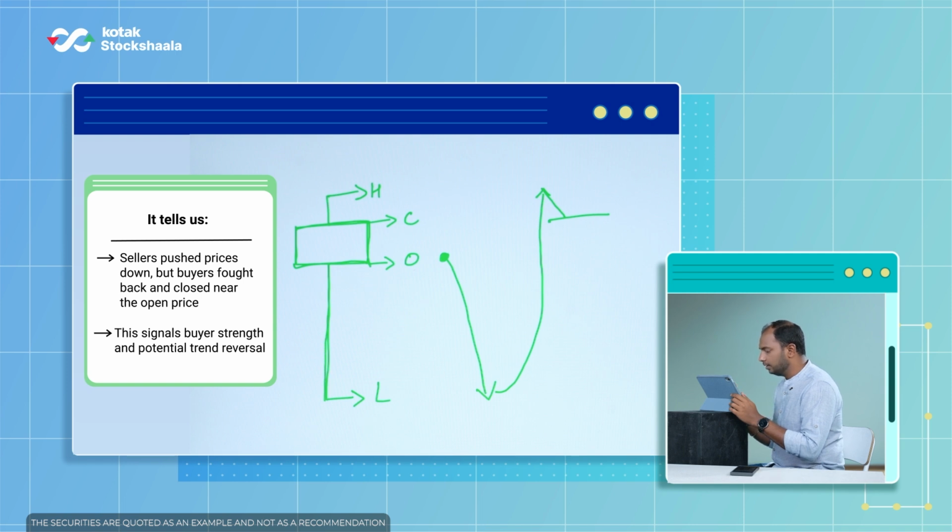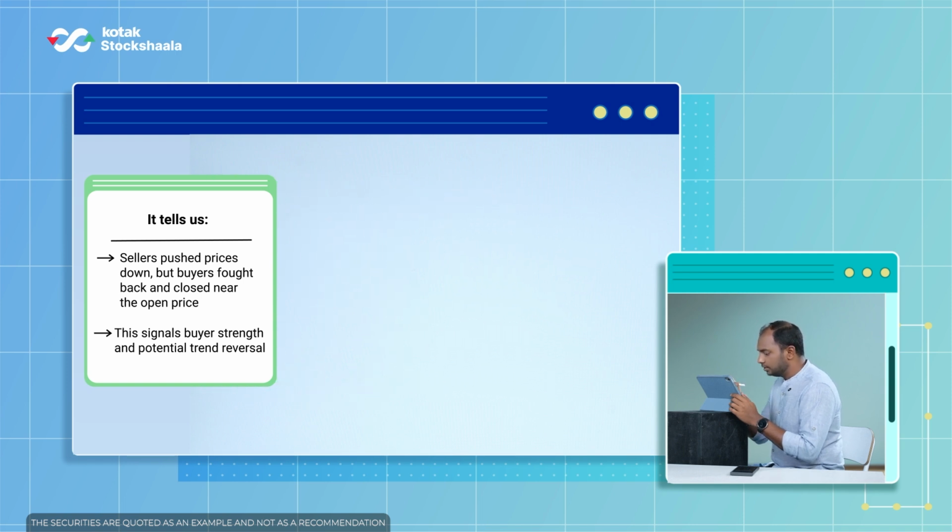This kind of a candle generally shows itself at the bottom of a trend. And this represents a bullish reversal that is possible after a downtrend, which means the possible direction for the market to go after this is an uptrend.